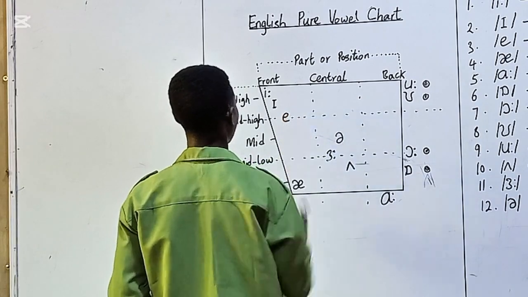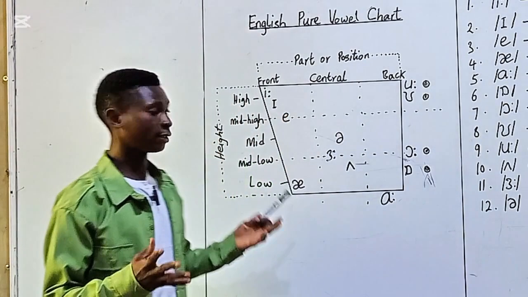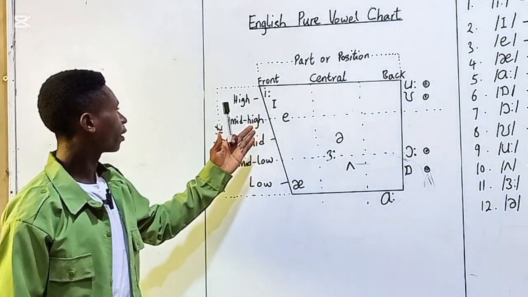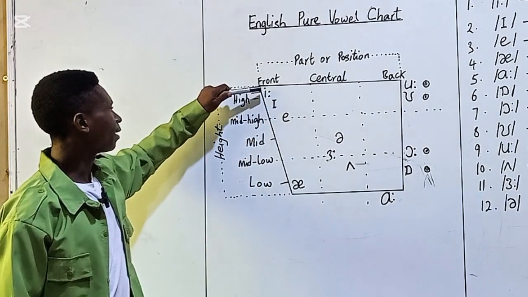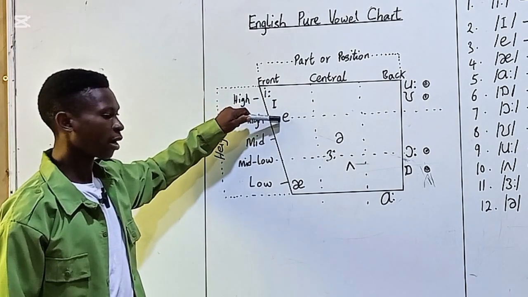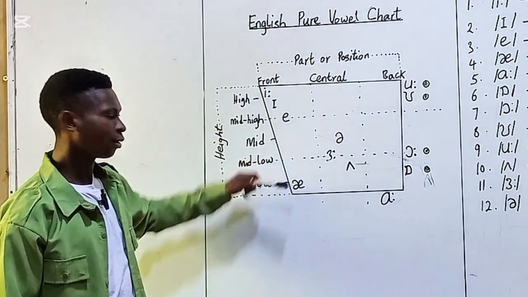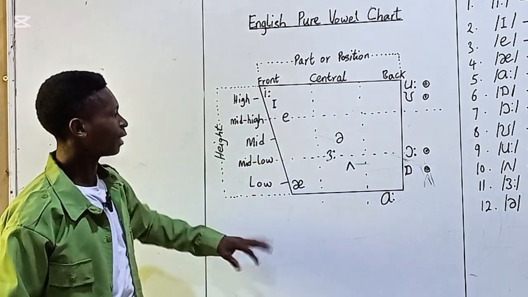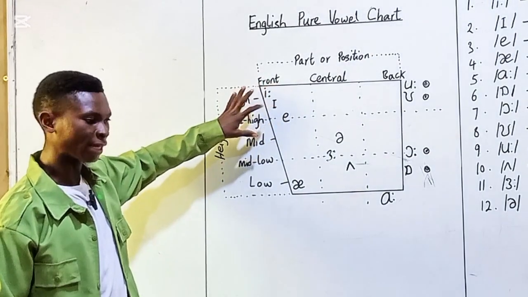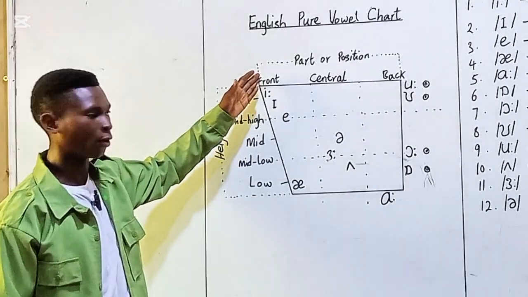Now let's approach it squarely, the front vowel sounds first. These four sounds are arranged this way because this is the front part of the tongue.